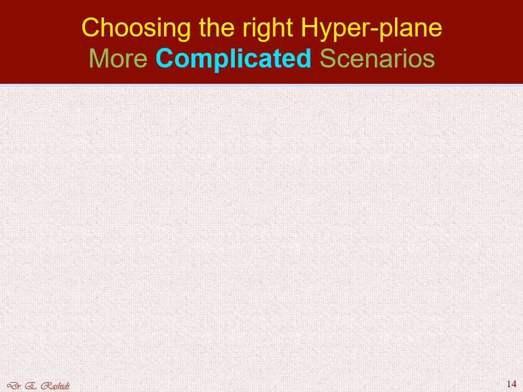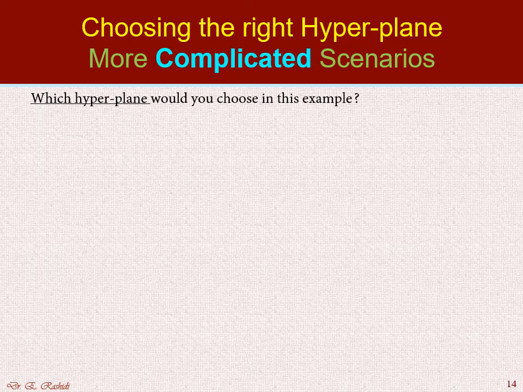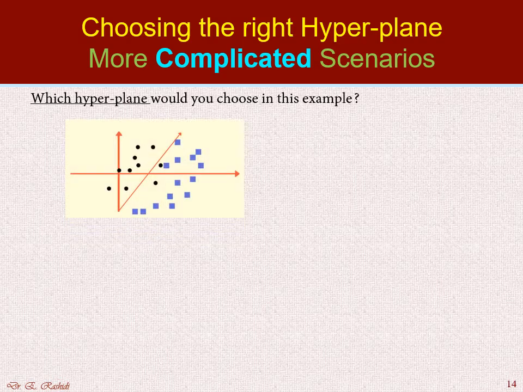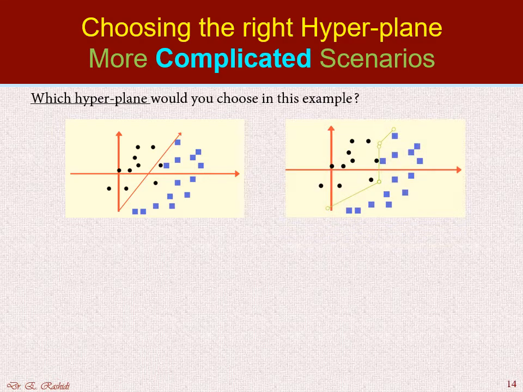Choosing the right hyperplane, more complicated scenarios. Which hyperplane would you choose in this example? This is one of them, and this is the other. The one on the left is a simple straight line, which has actually some misclassification error here, as you see.